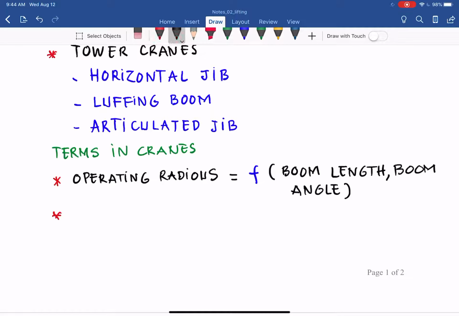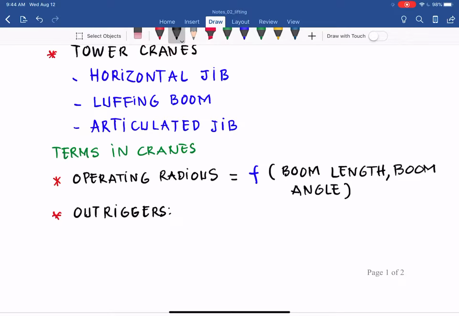The next term is outrigger. So what are outriggers? Basically they are beams that widen the effective base of the crane so that it improves the amount of counterweight and the amount of load.